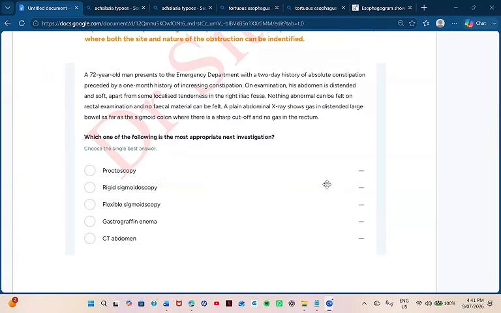A plain abdominal X-ray shows gas in the distended large bowel as far as the sigmoid colon, where there is a sharp cutoff, and no gas in the rectum. So which one is the most appropriate investigation? Tell me, doctors.